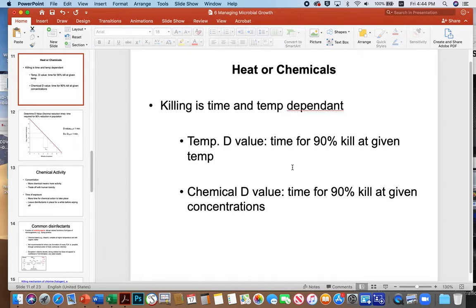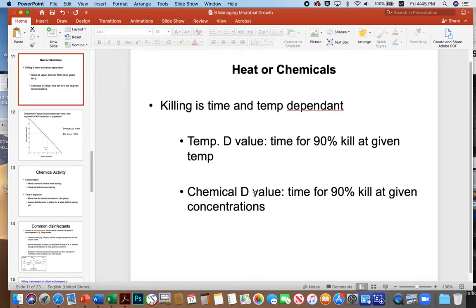Imagine you had a million bacteria in a flask and you heated them to 90 degrees, and it took 1 second for that 1 million cells to drop to 100,000 cells. Then the D value would be 1 second, because it took 1 second for a 90% kill.